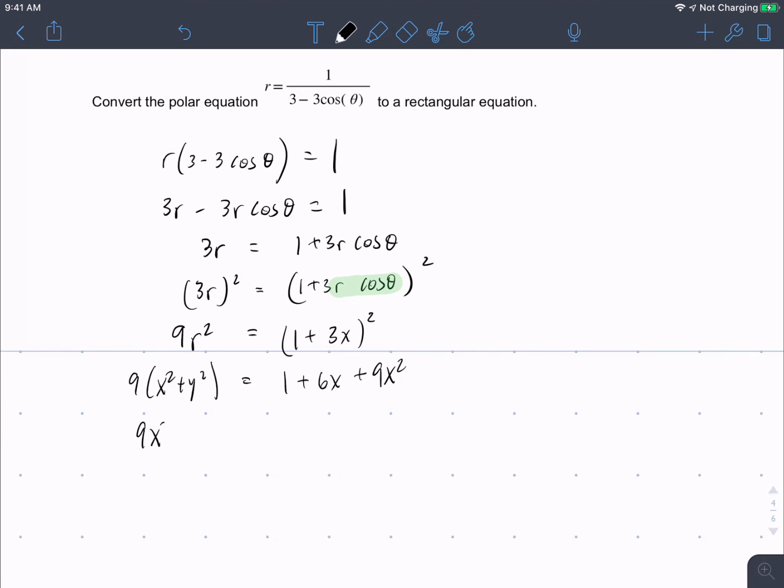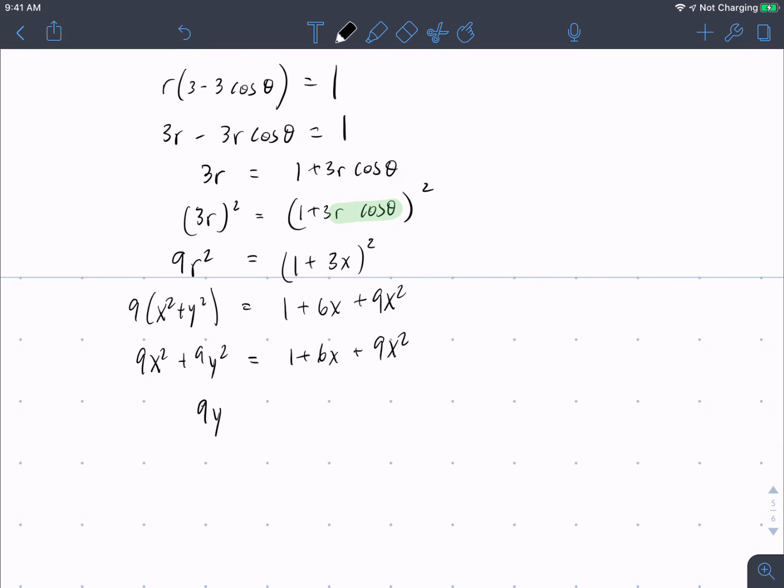And we can actually clean up the math. And we can see the 9x squareds are going to cancel, and so I'm going to get 9y squared is equal to 1 plus 6x. And really I could divide by 9 if I wanted, which is fine.